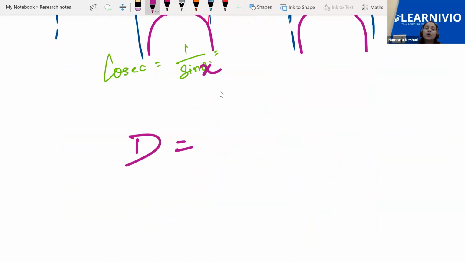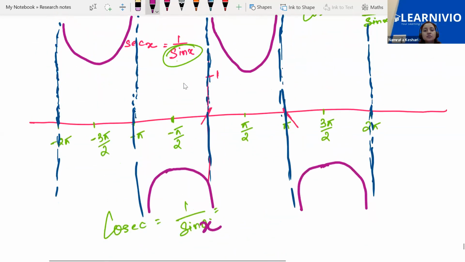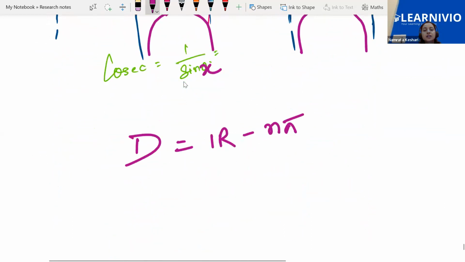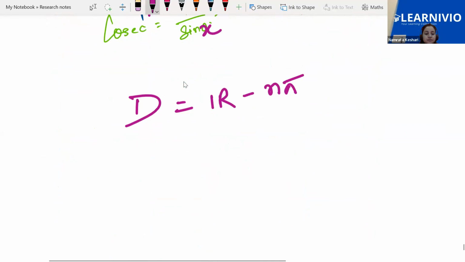So cosec can also take all the real numbers? No. Wherever sine is 0, we have to exclude that point. Yes or no? Check the graph also. Right? Ali and Alina. Yes, ma'am.